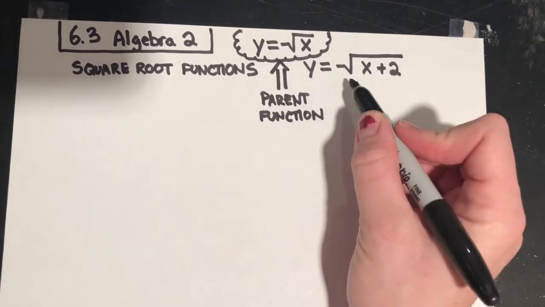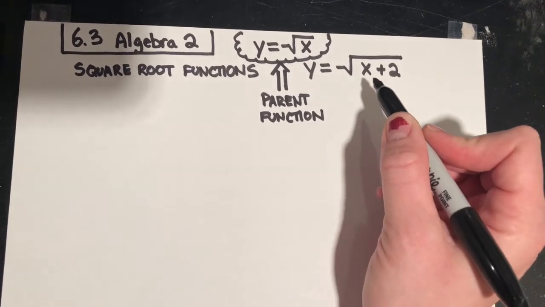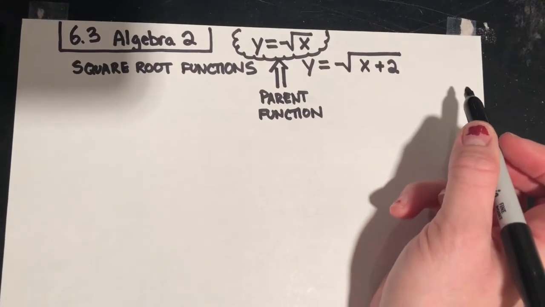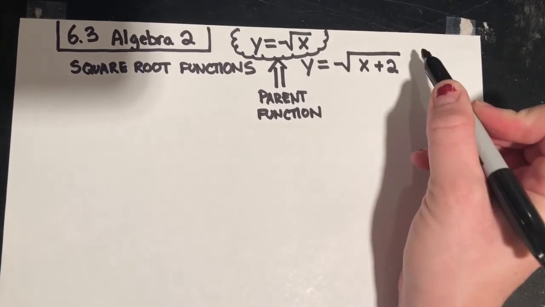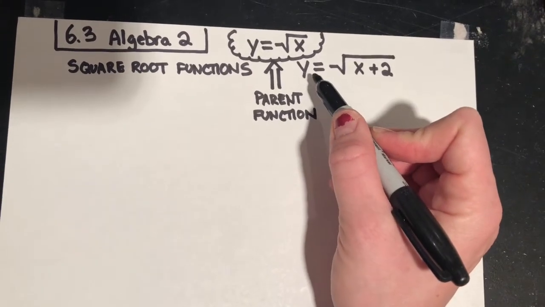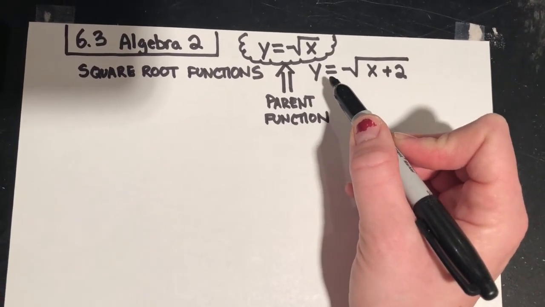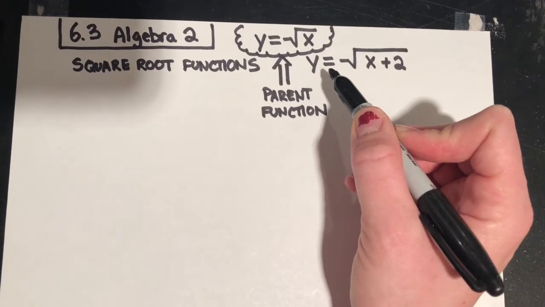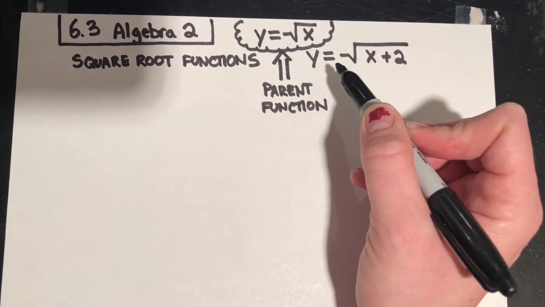All right, so let's take our new function here, y equals root x plus 2. We have a radical sign right here, and a y equals, this could also be known as f of x, or g of x, or h of x, or whatever variables we want to put in there.